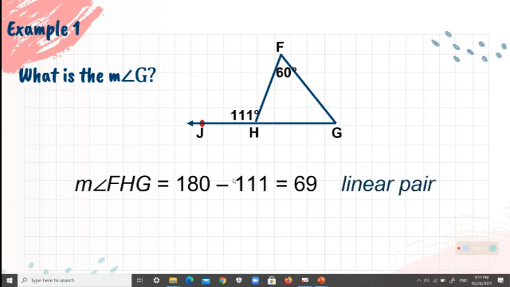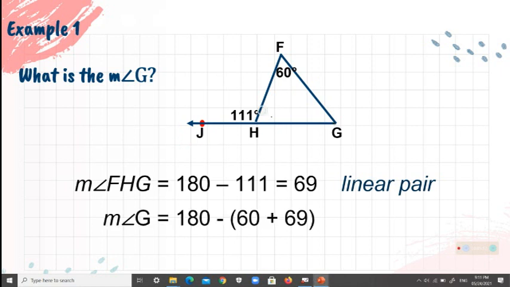We have to take note that the measure of angle FHG is equal to 180 degrees because these two angles form a linear pair.